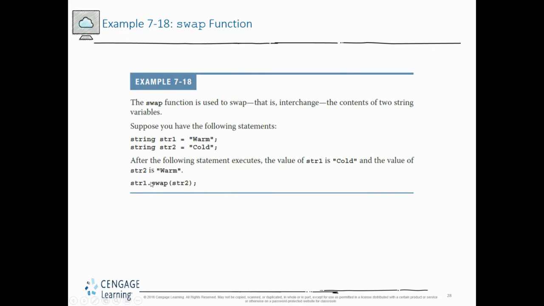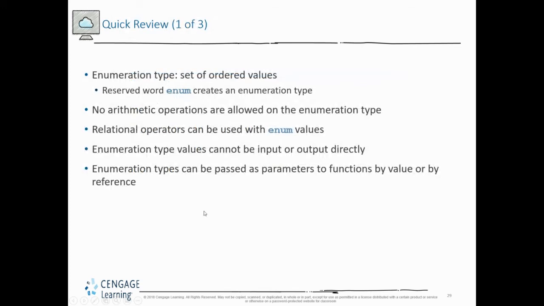Remember, dot is the notation you can use where you type things in and the values pop up. So string1 dot swap means I want to swap string1 with something else. And as long as you do have a variable called string2, then the swap statement here would then flip it so that cold was string1 and warm was string2. Okay? All right.